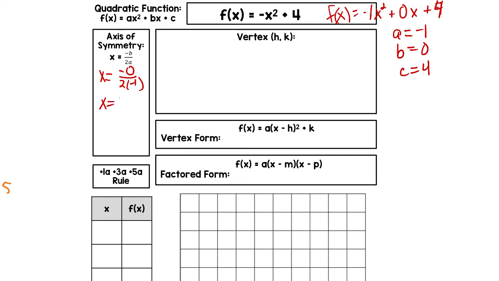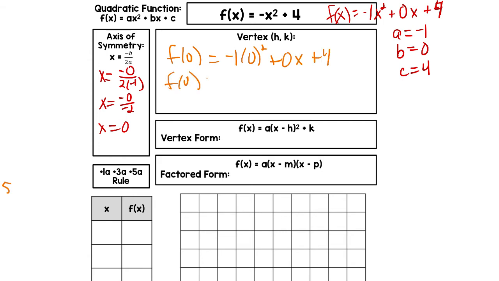Well, that means x is negative 0 over negative 2. That's still 0. If we want to find the vertex, we plug in that value to our equation. F of 0 is negative 1 times 0 squared plus 0x plus 4. That means f of 0 is 4.